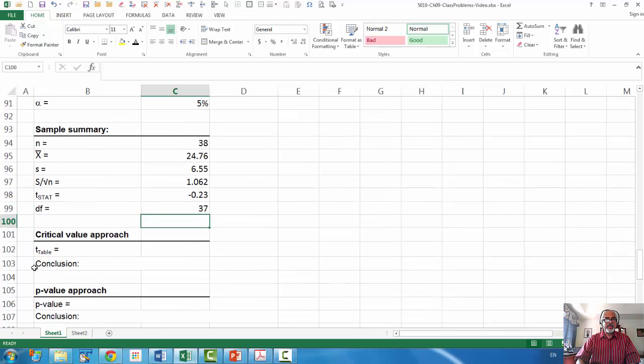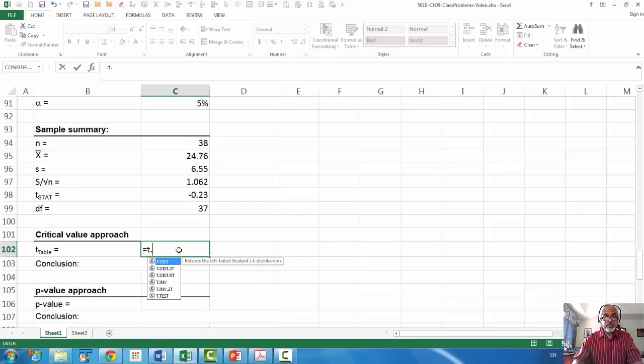In the critical value approach, we use the t table. So we can now do T.INV, and this is one tail, so we should use T.INV and not T.INV.2T. Now this is the left side, and T.INV probability is always the tail area.